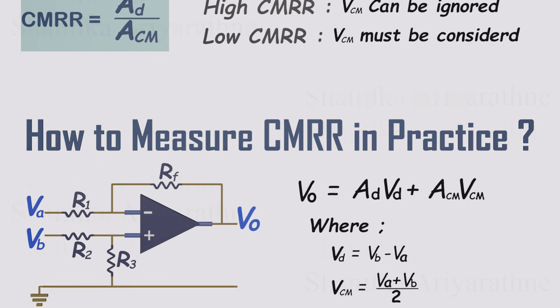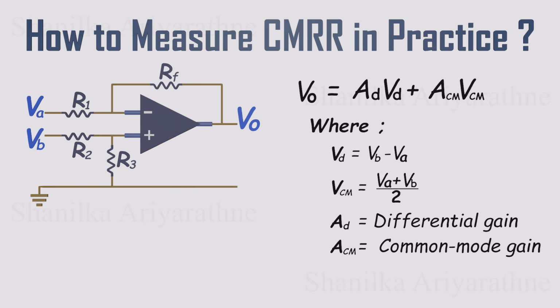Let's see how the common mode rejection ratio is actually measured in practice. Here's our differential amplifier. We'll call the inputs VA for the inverting side and VB for the non-inverting side. From these, we can define two things, the common mode voltage, VCM, and the input difference, VD.